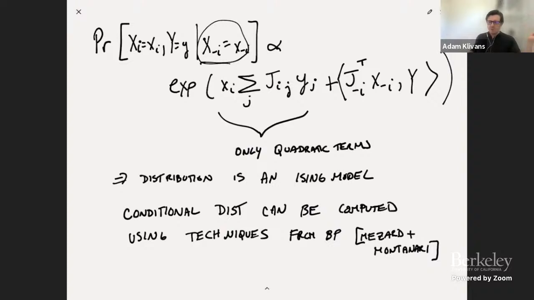And it's known from applying some techniques from belief propagation, in particular, a result of Mossel and Montanari, that whenever you have a tree Ising model, the conditional distribution can actually be computed using techniques from belief propagation.